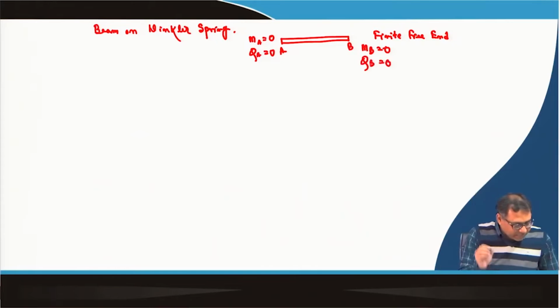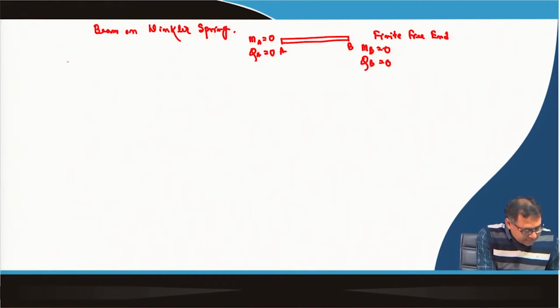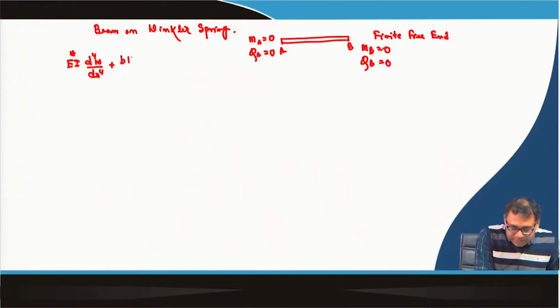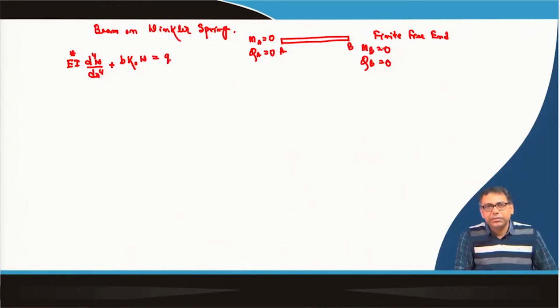Okay. Now, my basic equation is E I d4w/dx4 plus, because it is a Winkler model, whether it is on two cases it will always be B k0 w, that is equal to q.